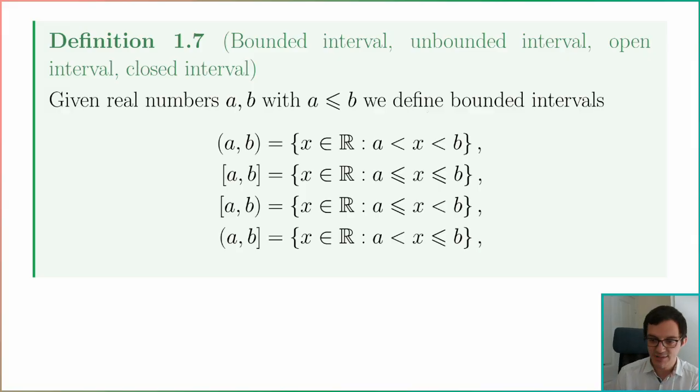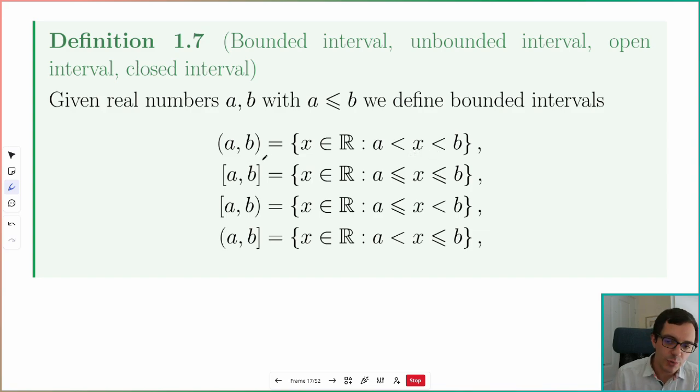People write things like this. So a comma b in round brackets, not to be confused with curly brackets, which would be the set containing the elements a and b. I'm really sorry for that, but people use curly brackets for the set, and then round brackets for this idea. The real numbers between a and b, not including a and not including b.